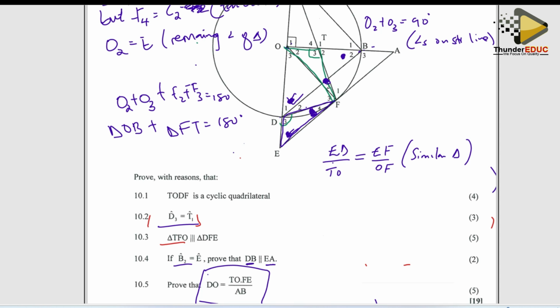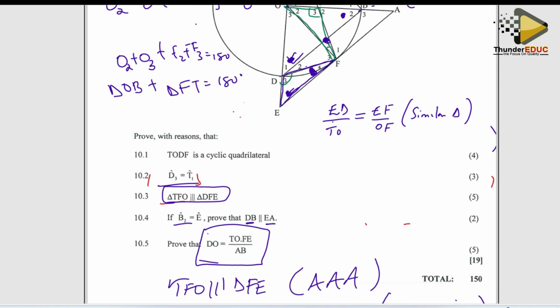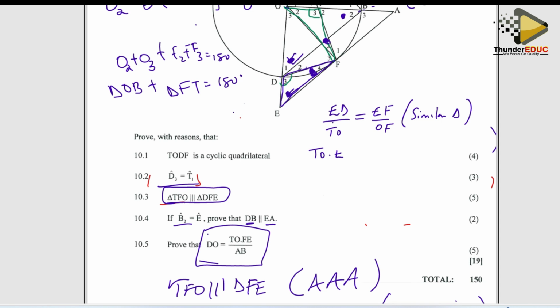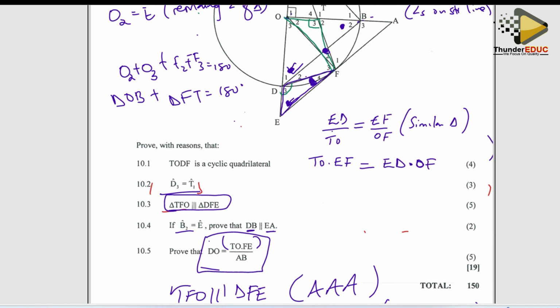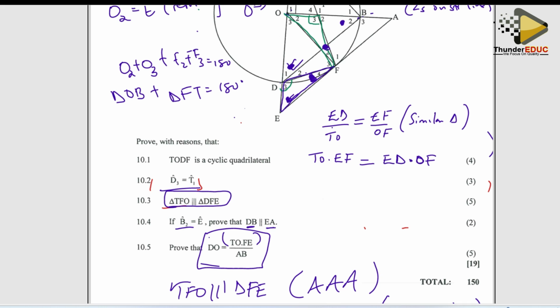Then if that is true, then I can say that TO multiplied by EF, or they are using FE, must be the same as ED multiplied by FO. Okay. Then we just need to get another aspect that will give us the whole thing.